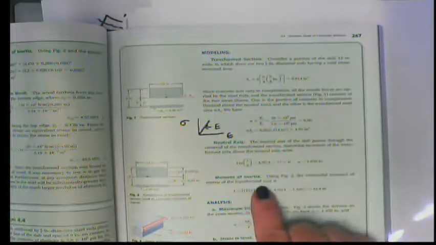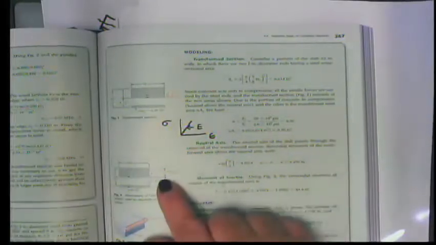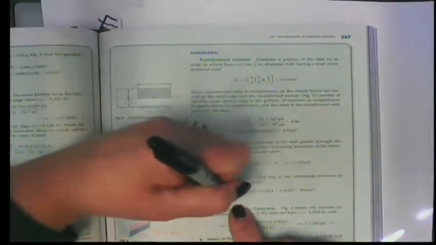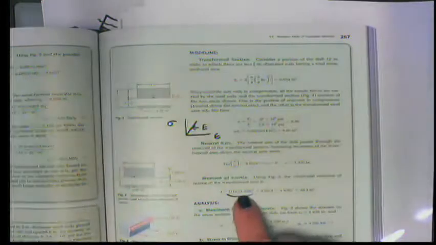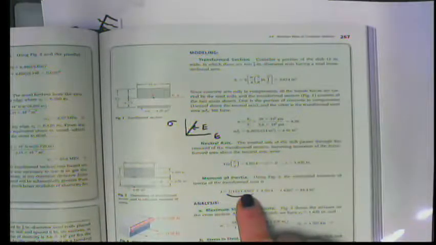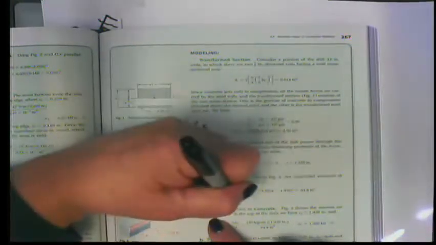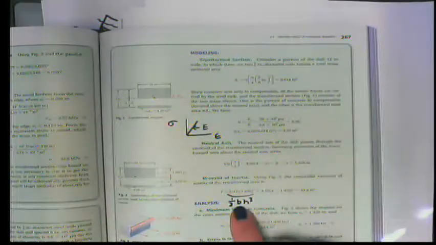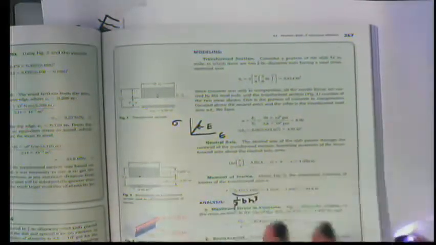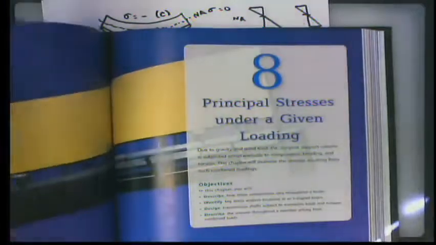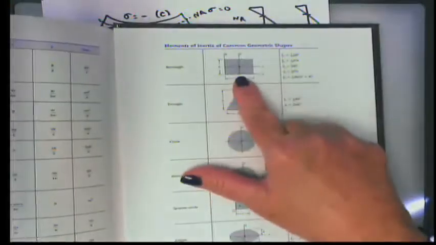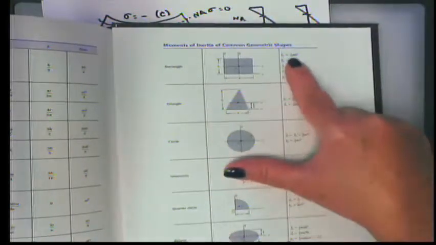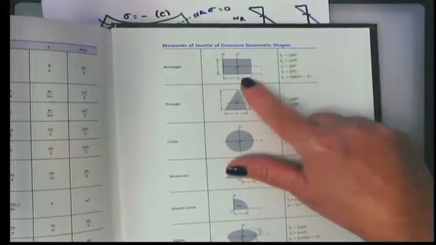All right, now this is a little bit different. We have to compute the neutral axis. We have to compute the moment of inertia based on the position of the neutral axis. So this 1/3 times 12 times 1.450 to the third. This is 1/3 base height to the third, which is the moment of inertia of a rectangle. So this is above the neutral axis, about its base. Because the base, see, here's the 1/3 right here, about its base.